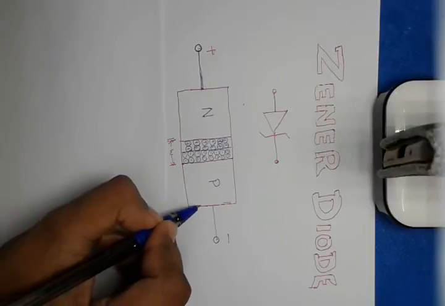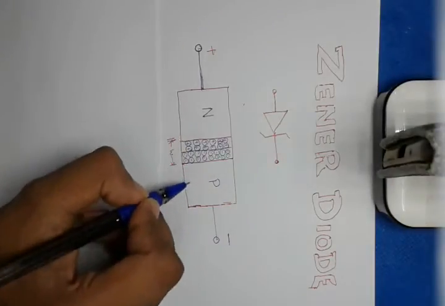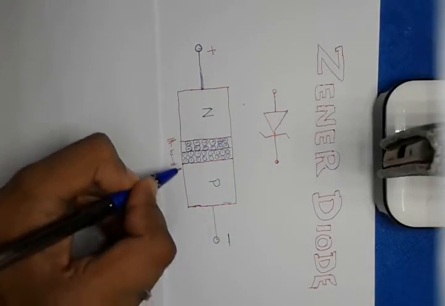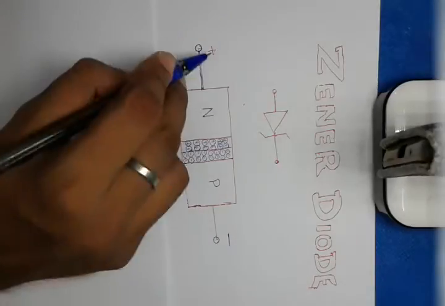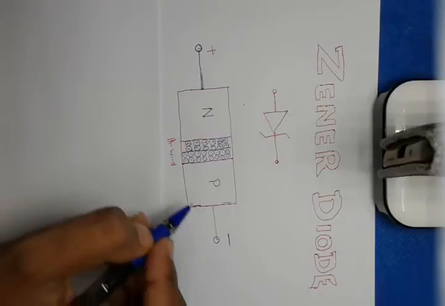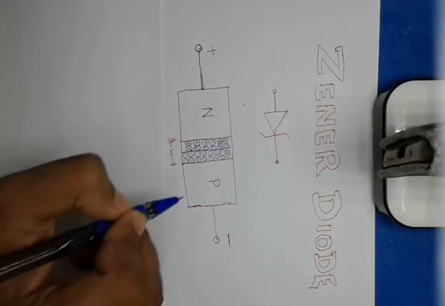Now as we reverse bias it, after a certain voltage, when we raise the biasing voltage in the reverse bias, it arrives at its Zener breakdown point.